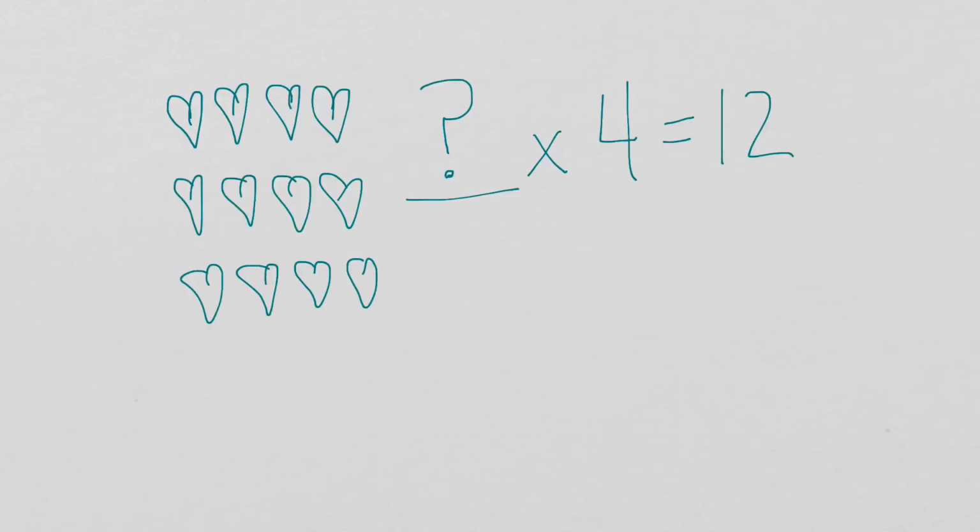Fabulous. So today, for your independent practice, or your must-do, where you do all the thinking, you're going to have a visual image that shows an array. Then in IXL, they're going to give you a multiplication sentence. And then there's going to be a question mark.